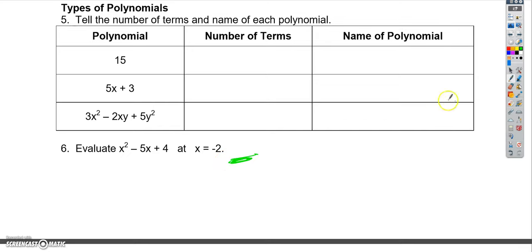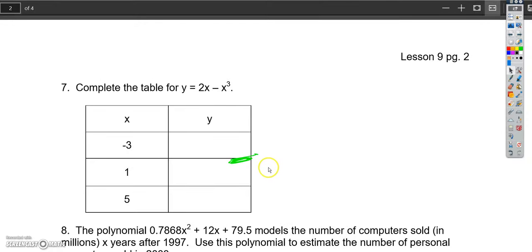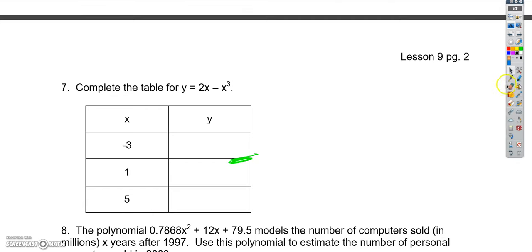The difference between this one and this one is that we're going to have to put in 3 different y values. So it's just a long process. We just have to put this in for x.